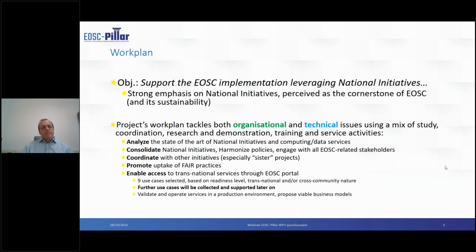Then, last but not least, open science, open cloud also means FAIR data. So the ability to tag data such that it can be easily findable, accessible, interoperable, and reusable.